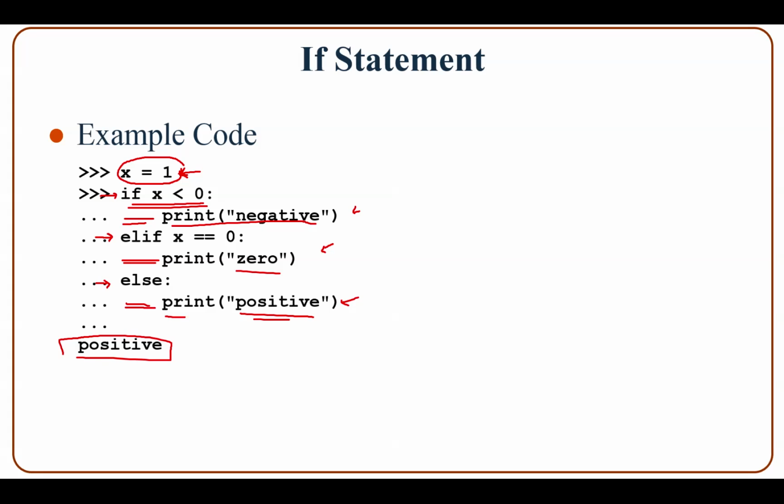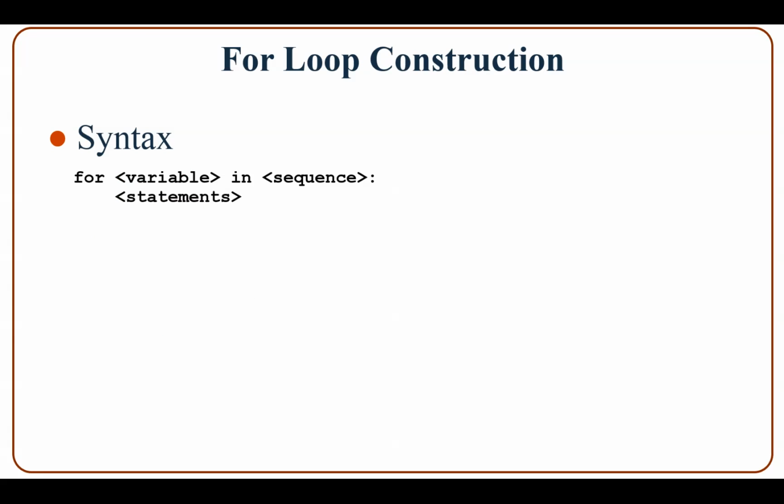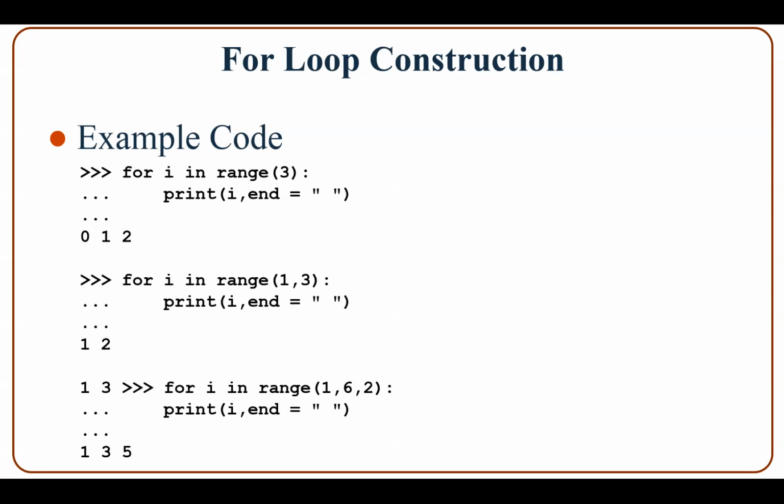Now let's look at the for loop construction. For a variable in a sequence, then do something, and notice the colon at the end. Here let's look at some example code. For a variable i in range 3, range 3 returns numbers 0, 1, and 2. So range returns numbers starting from 0, progressively increasing to the number just before 3 here.